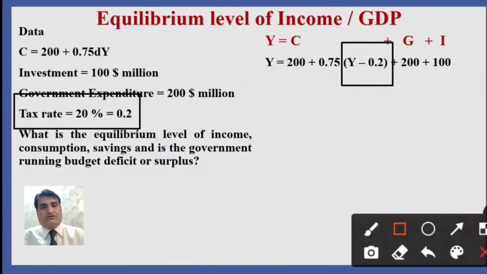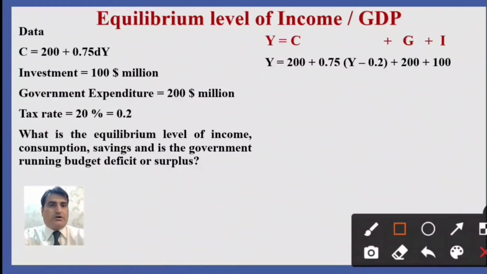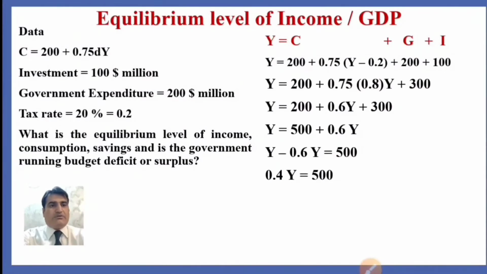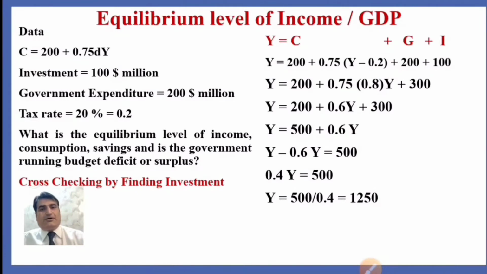Personal income minus tax is equal to disposable income, so Yd is disposable income. The government expenditure is 200, so we take this figure 200 here, and the investment, that is $100 million, we also incorporate here. So after solving it, the income would be equal to $1,250 million.